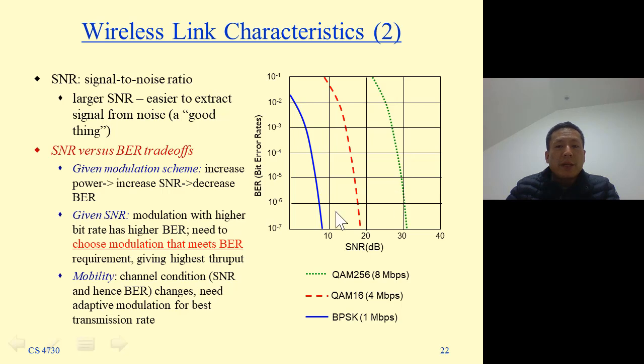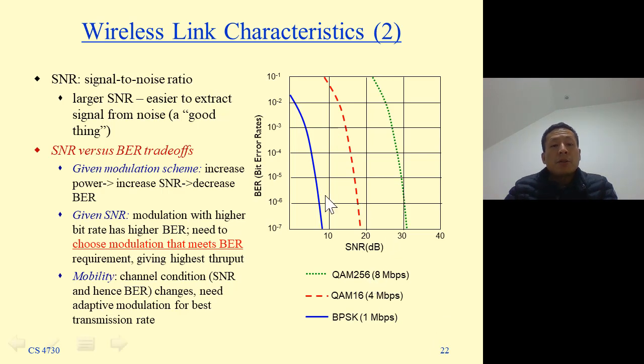So these diagrams show exactly the relationship between SNR and BER. Okay, these three lines, the blue line, red dotted, and green dotted lines, each line represents different modulation technologies.